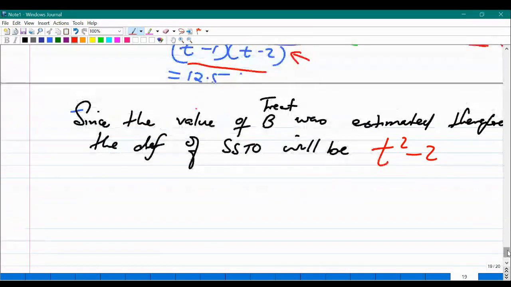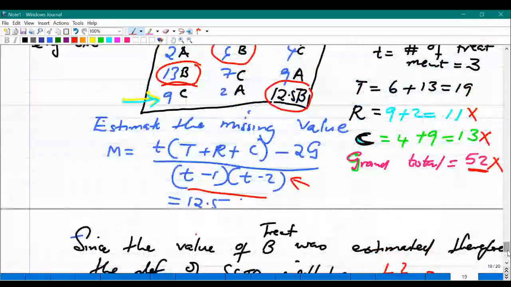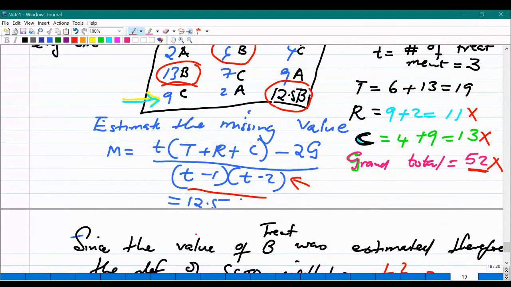Same applies to this one, because now you have 12 here. It means the value of this row will change. So you need to redo the recalculations. You find the totals for each row, and the grand total, before you can do the ANOVA.